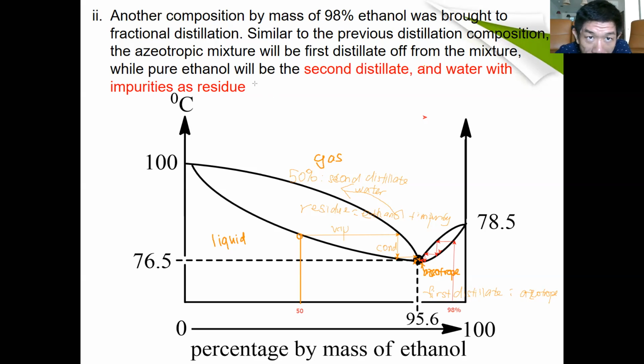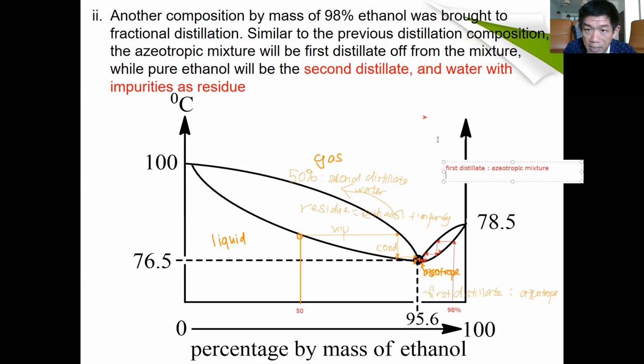So I'm going to type out the text in here, using the red color so that you can see clearly. So our first distillate will be the azeotropic mixture.